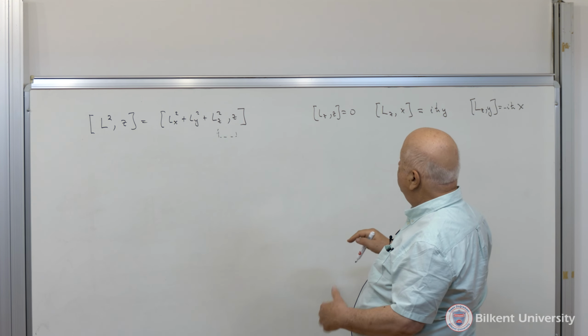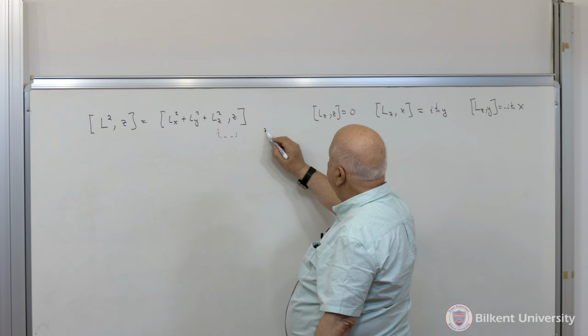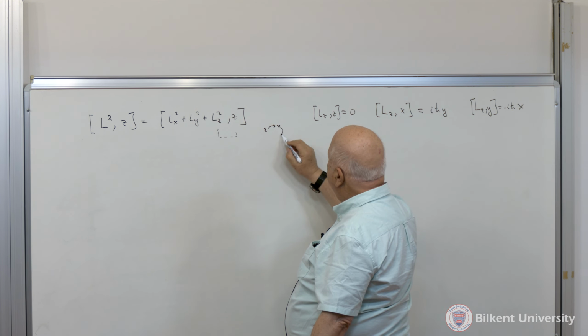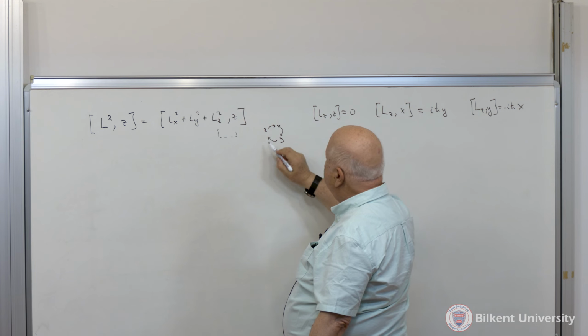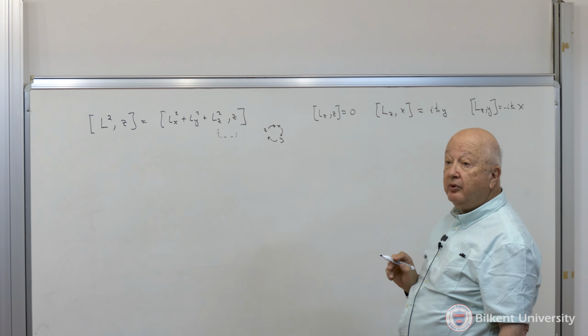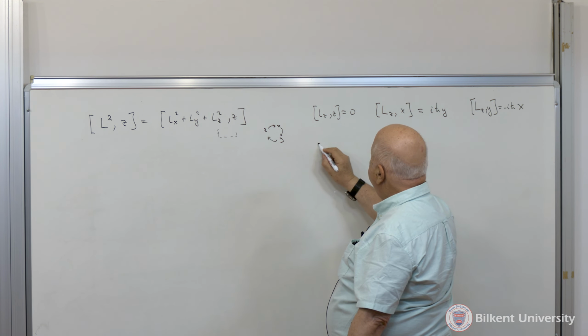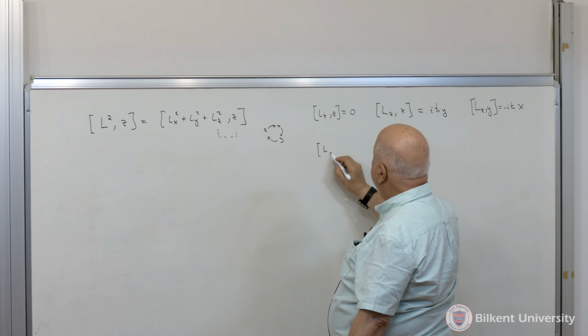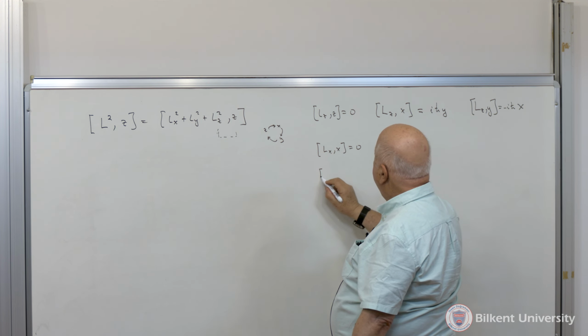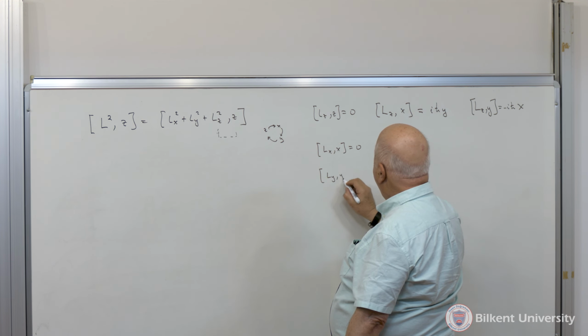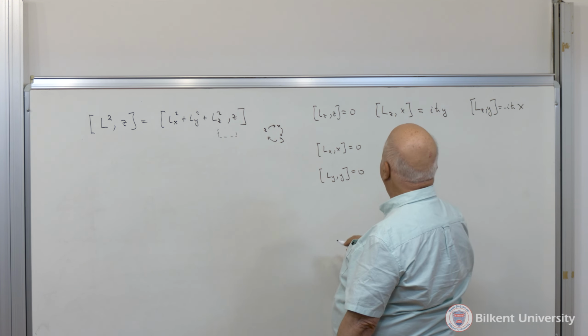So what I can do is make z into x, x into y and y into z, and these things should work, because it's just a choice of the coordinate system. This just says Lx with x is 0 and Ly with y is 0.